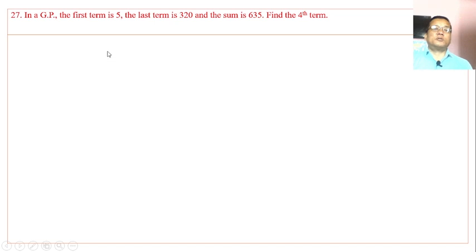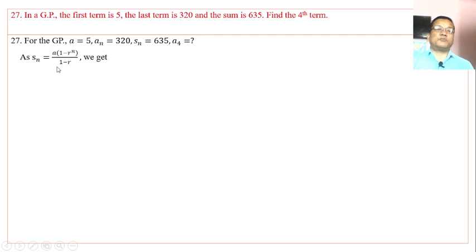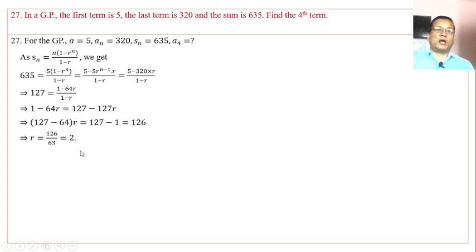The geometric progression has first term 5, last term 320, and sum 635. For the sum to n terms we use the formula, putting Sn value 635, the A value 5, and the last term 320. Cross multiply and solve, and the R value is 2. With R and A, the fourth term is A4 equals A R power n minus 1, which gives 40.